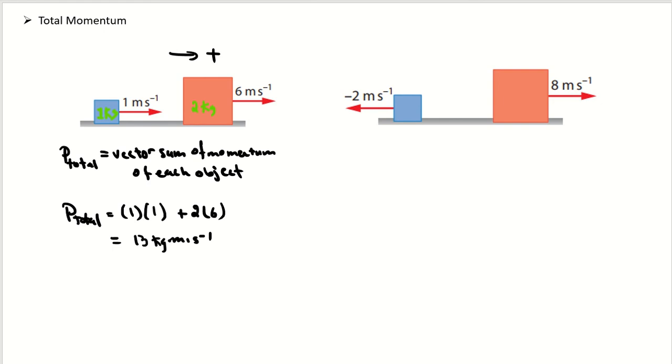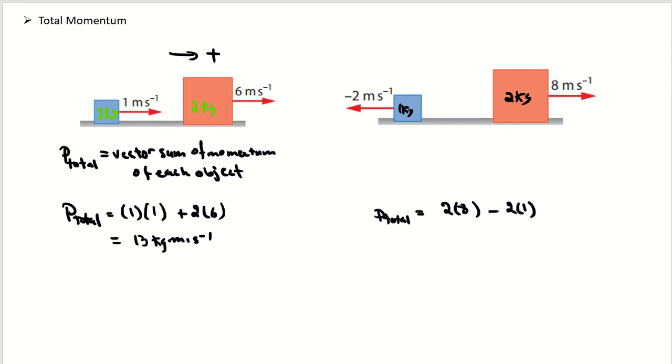On the other hand, if I apply the same rule for this other example, then the P total in this case is going to be the vector sum. So we said that this is 2 kilograms and this is 1 kilogram. Then it's going to be the momentum of the second one, which is 2 times 8, minus 2 times 1.